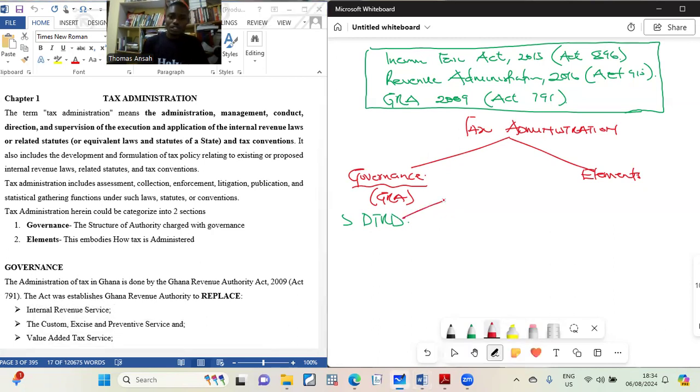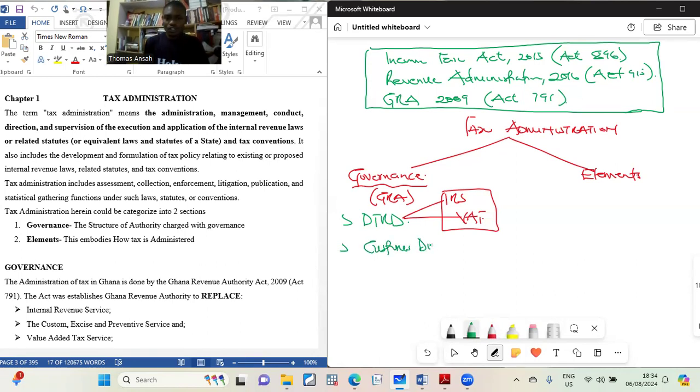Now, in the new concept, the DTRD is in charge of IRS, which is income tax, and also VAT. So now we pay these to them. That is that side of it. Then we have the customs.